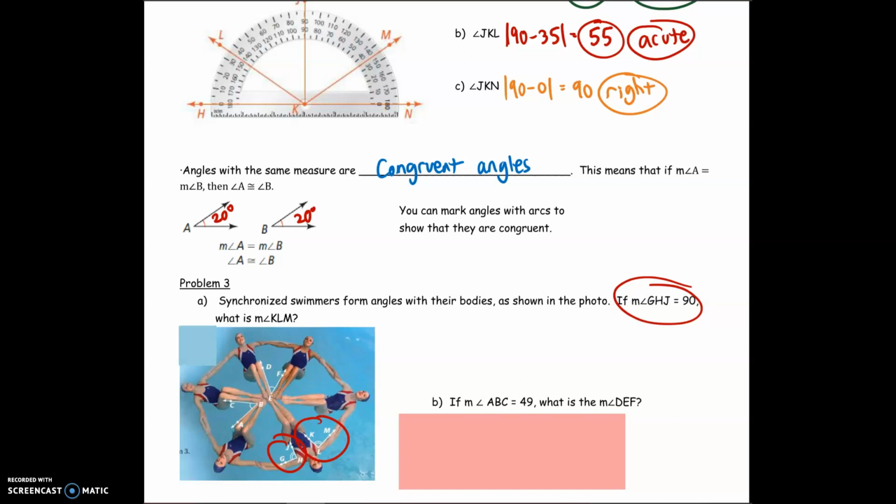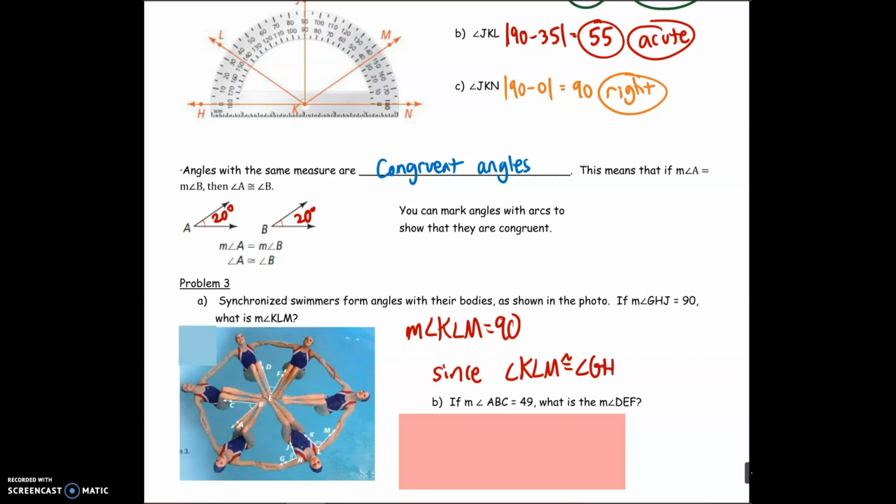It looks like two little arcs on one and two little arcs on the other, I'm referring to these little markings on the inside. That means those are marked as congruent angles. So if I know the angles are congruent, that tells me the measures are also going to be equal. So I know the measure of the one we're looking for is going to be 90, since those two angles, KLM, the one we're trying to find, and GHJ, which was already 90, are congruent.